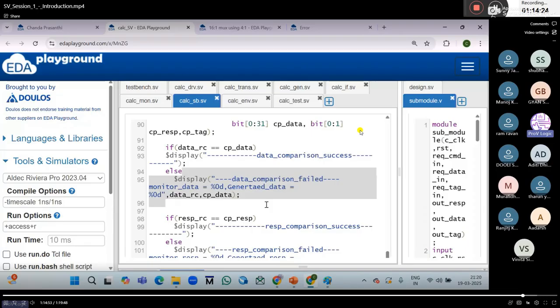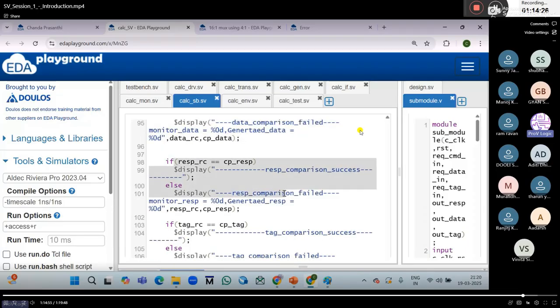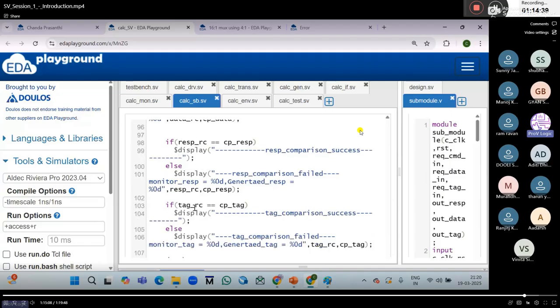Here it's a 4-port calculator project. We have data signals, response signals, command signals, tag signals, based on the specification. That's why we are checking every response, and also the tag signals and the data signals. If both are equal, we get the comparison output. But this thing we cannot write in Verilog. In Verilog, we just write the manual calculation and directly check the output side.